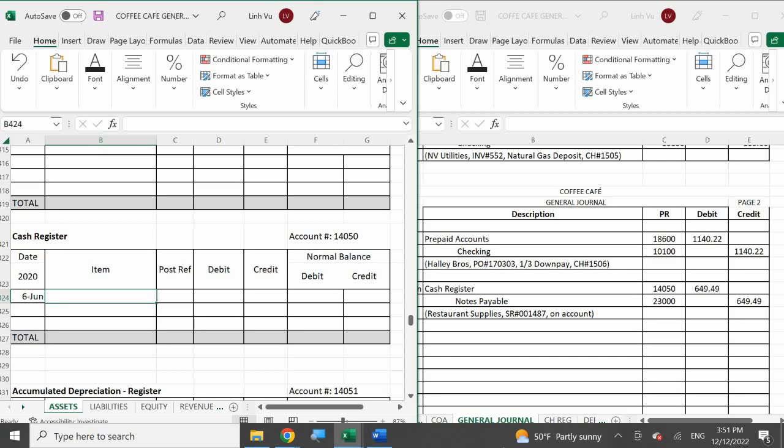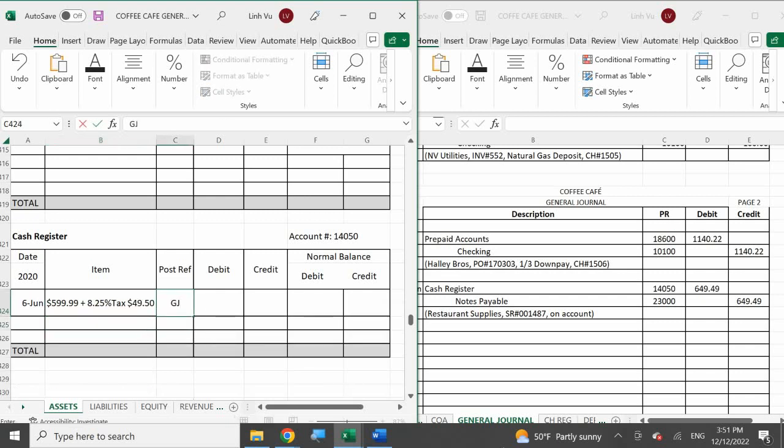I purchased this cash register for $599.99 plus 8.25% tax, which yields $49.50. We're on our second page of the journal here, and I acquired it for $649.49. So I now have a debit balance in my cash register account with a total cost of $649.49.